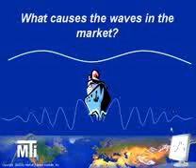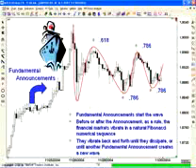Now, what causes the waves in the markets? Just like if you were looking at a lake and it was nice and calm, and then a boat goes through it, all of a sudden you start to see the waves begin. In the market, a fundamental announcement is like the boat going through the water, and there the wave begins.